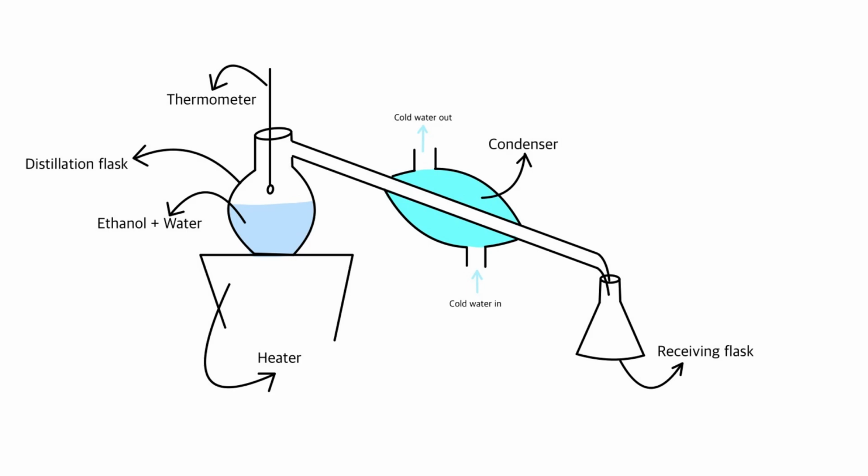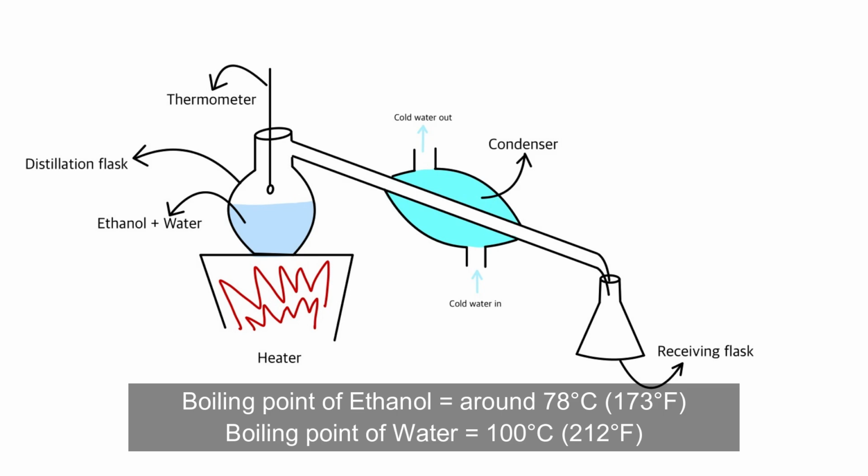The apparatus typically includes a heater, a distillation flask, a thermometer, a condenser, and a receiving flask. The separation process begins by heating the mixture of liquids. Once the mixture is heated, ethanol, having a lower boiling point of around 78 degrees Celsius, will start to evaporate before water, which boils at a higher temperature of 100 degrees Celsius.